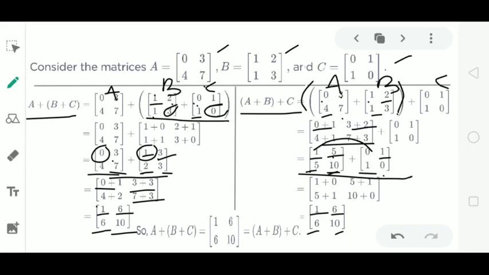Now observe the result of both LHS and RHS. Both matrices are the same. Therefore, we can say that A plus (B plus C) is equal to (A plus B) plus C. That is, addition of matrices satisfies the associative property.